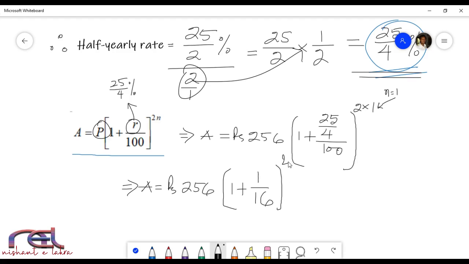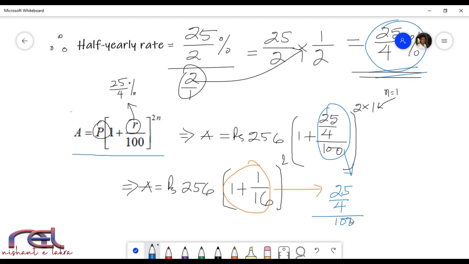I'll explain to you how we got 1 plus 1 by 16. I'm sure many of you know how to do this. You have to reciprocal this part, 25 by 4 by 100.